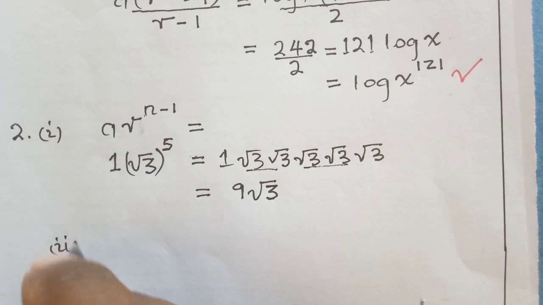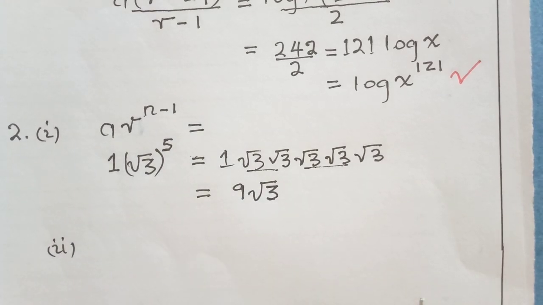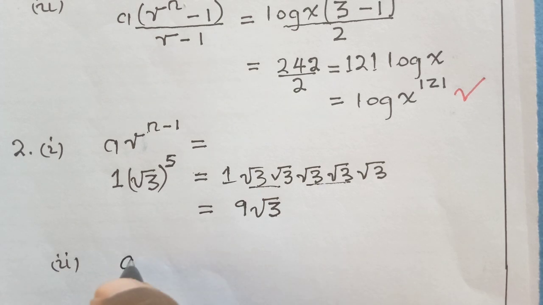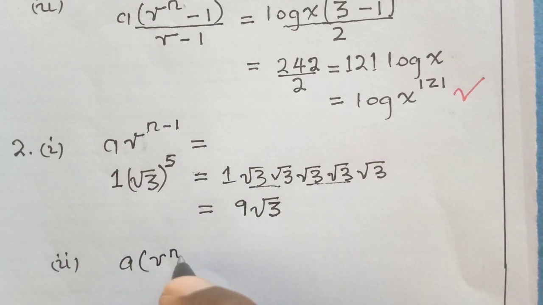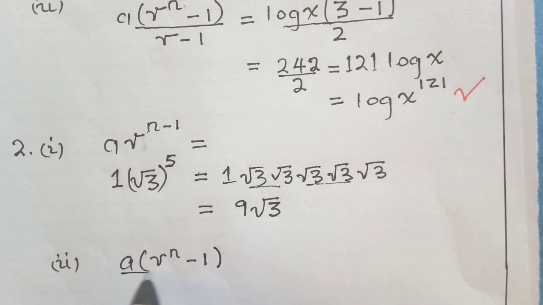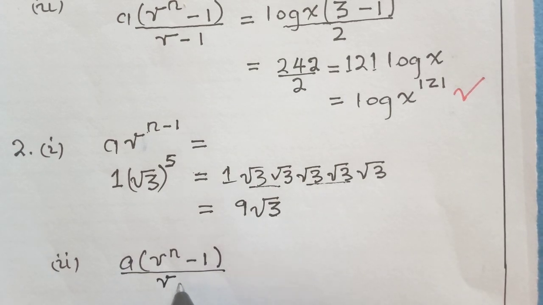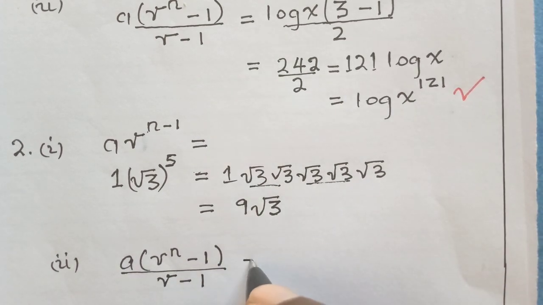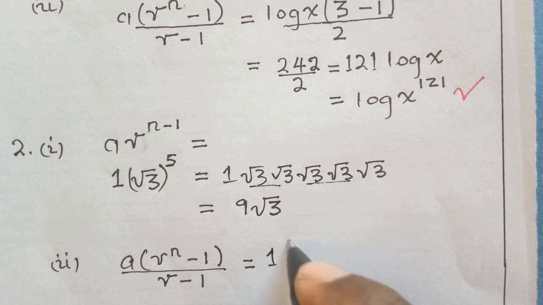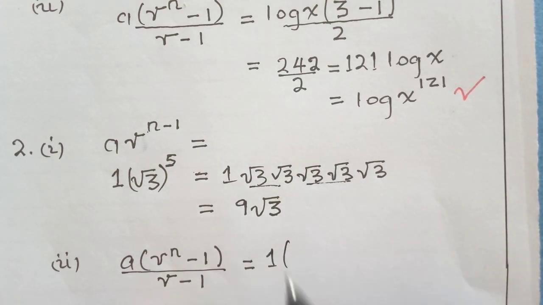So let's go to Roman 2 now. As we finish, find the sum of the first 10 terms. So for this one we use this equation, a(r^n minus 1) all over r minus 1. So this will give us a, which is 1, then r, we know, is root 3.